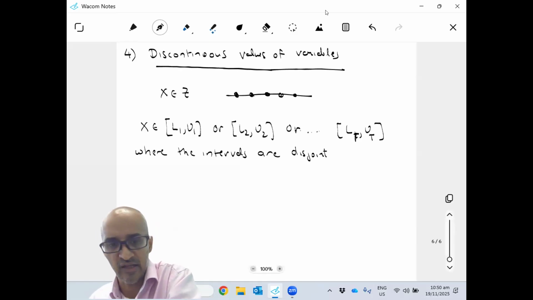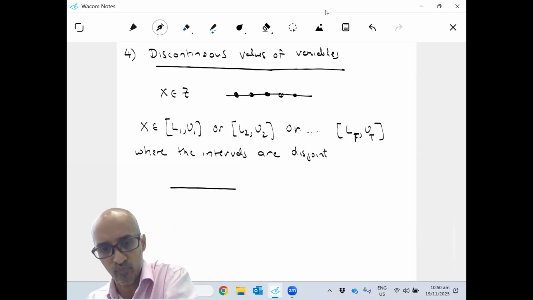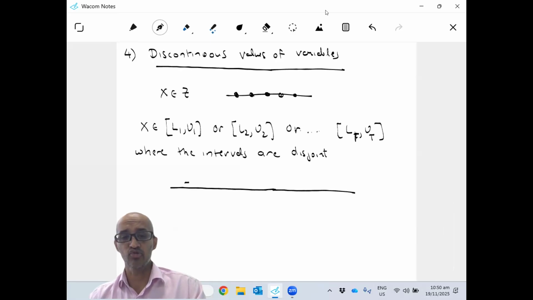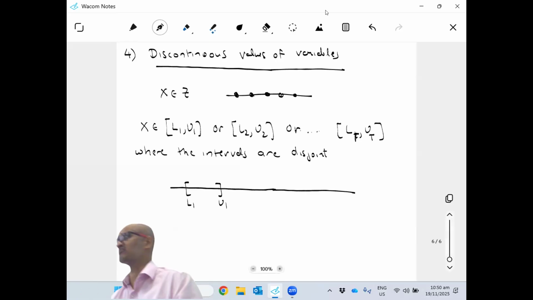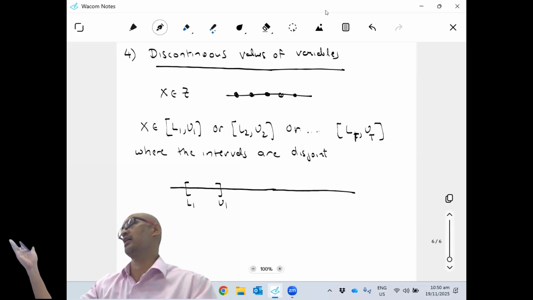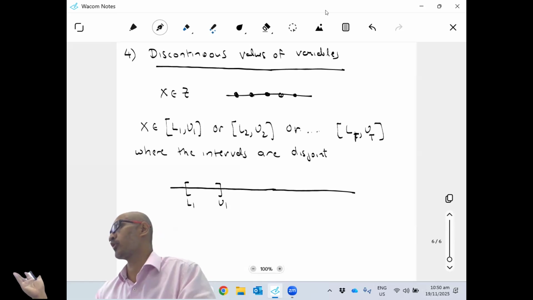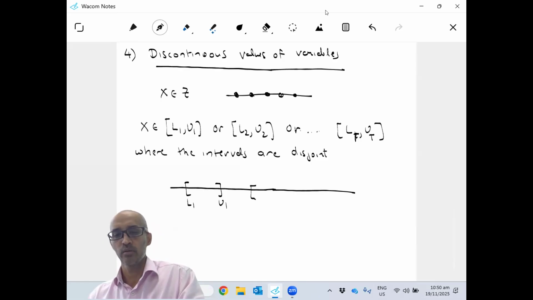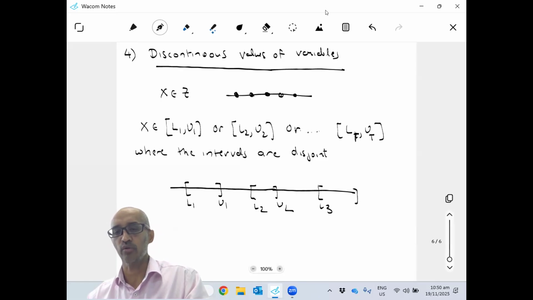Let's look at how this looks. I'm looking at this for a single variable x which takes values between L1 and U1. If I've got only this constraint, that's a linear constraint, x below U1 and x greater than L1, and I can capture this using linear programming. But now I've got x taking values between L1 and U1, maybe L2 and U2, maybe L3 and U3, and so on.